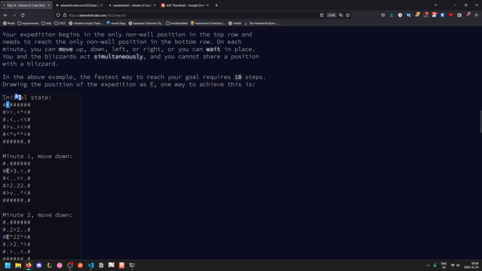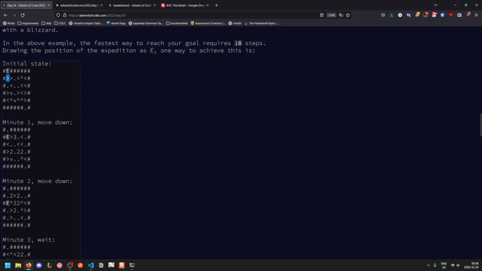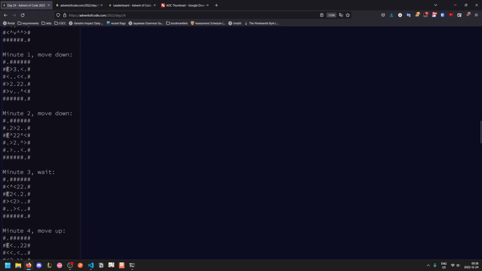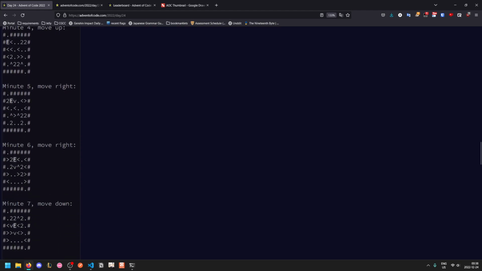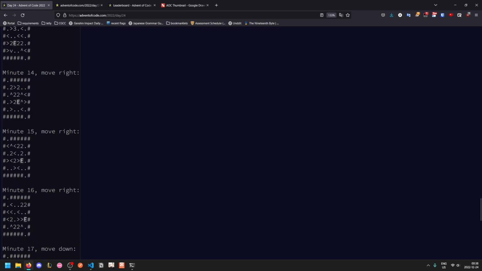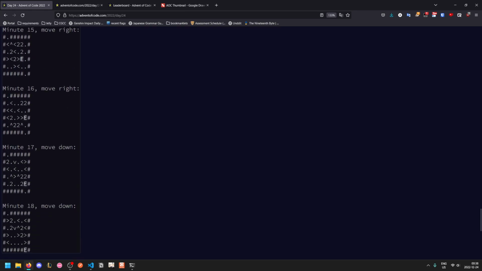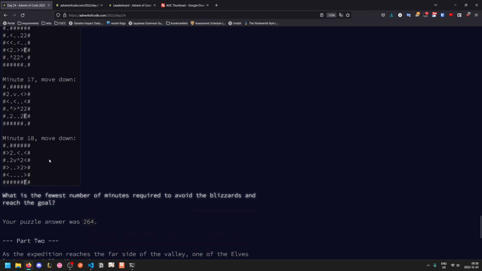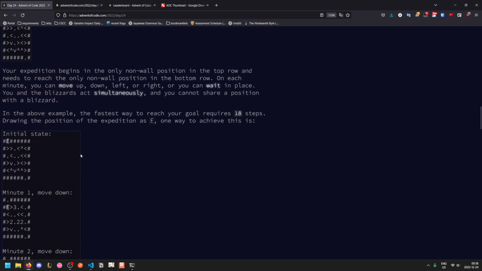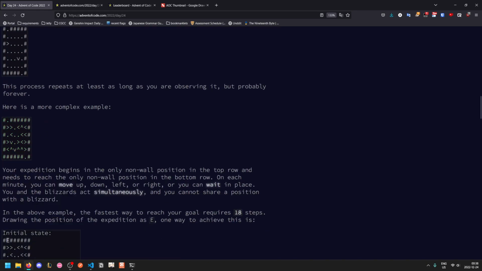So we can move down even though there's a blizzard presently here because in the next frame it has moved away and no other blizzard will move into this position. And we can keep navigating around, sometimes even backtracking as necessary, and eventually we will be able to move to the clear spot once we're away from all of the blizzards. The question, therefore, is what is the fewest number of minutes required to get to the extraction point, to exit the valley?